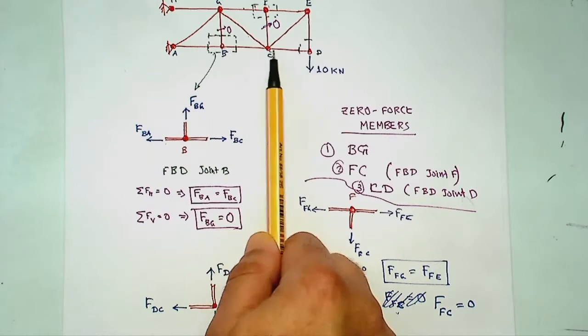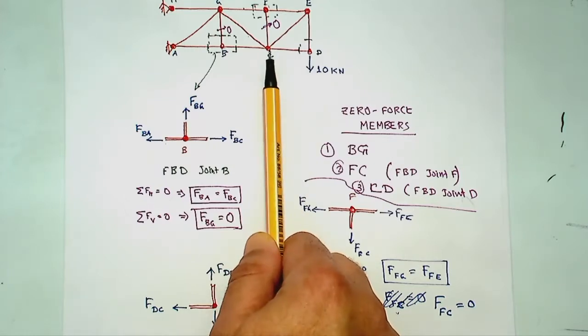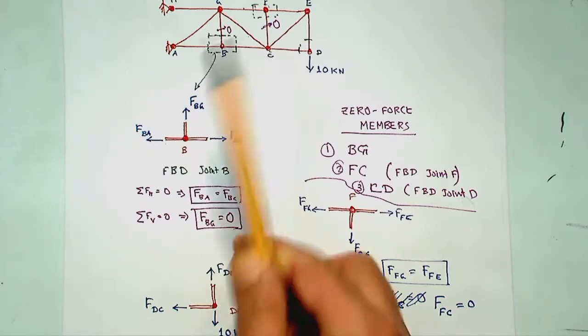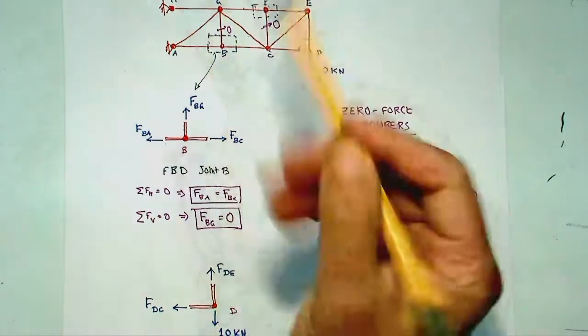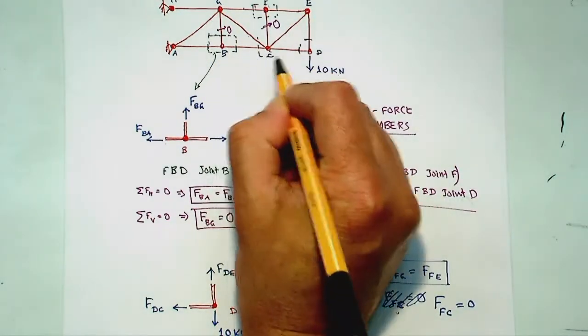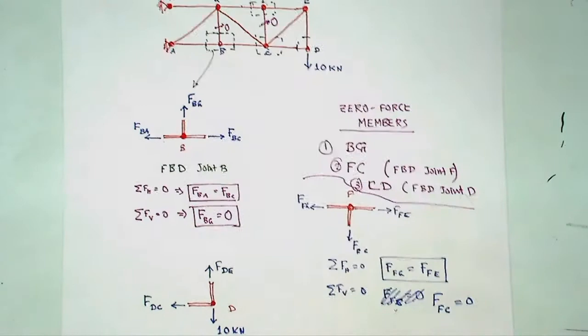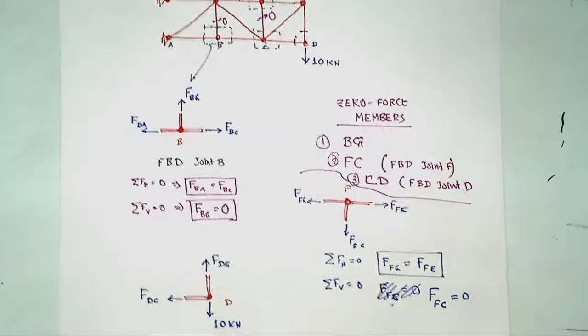This is definitely 0. So if you analyze joint C, let's do that. Let's analyze joint C. So put joint C in here.